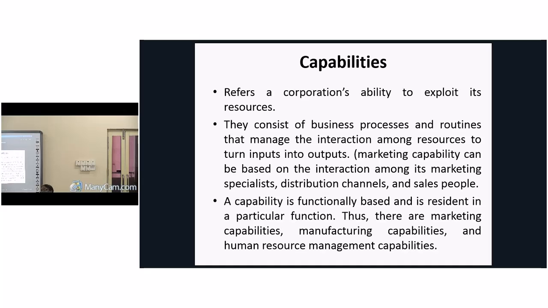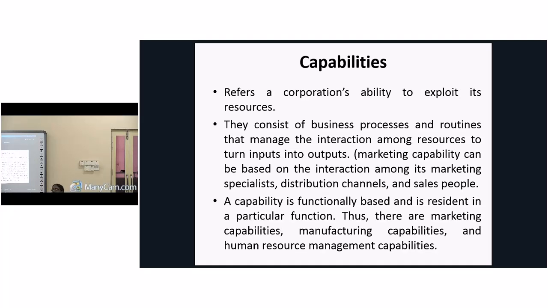The competencies lie within your business process. So, for example, take marketing capability. Marketing capability can be based on the interaction among marketing specialists, distribution channels, and salespeople.